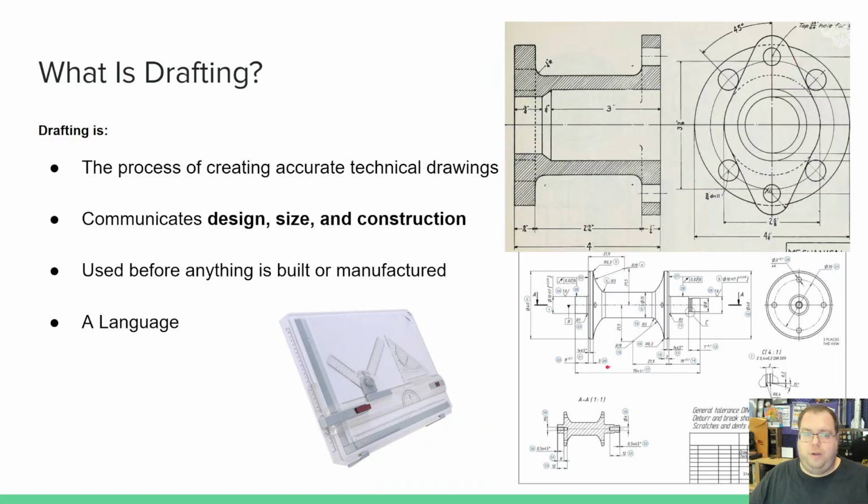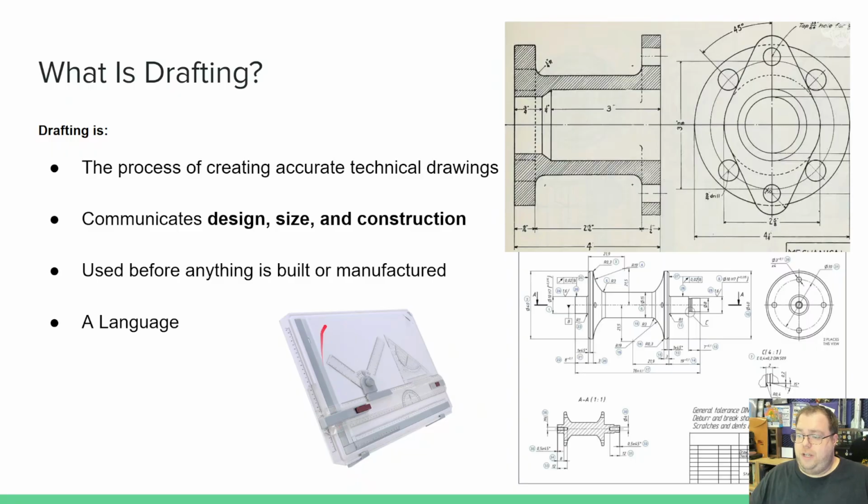Other times, though, it can be way more complicated than that. For example, in addition to our diameters, we have tolerances, we have screw callouts, we have specific industry language when it comes to types of materials that are being used.